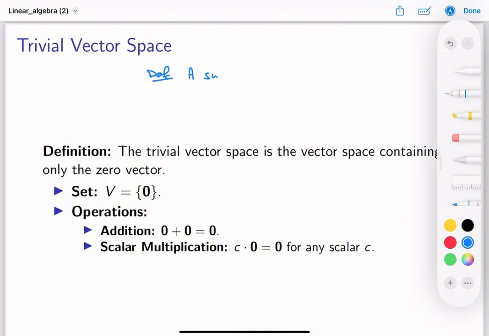A subspace S of a vector space V is a vector space S that is "contained" in V. I'm going to put these between quotation marks because there's something here to add.